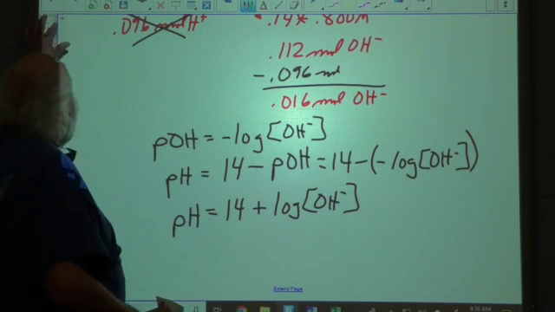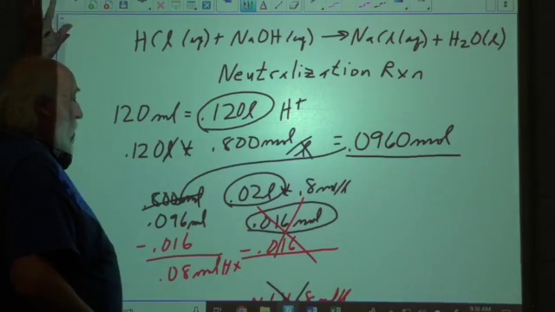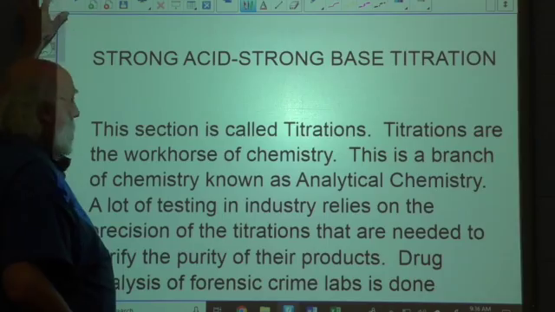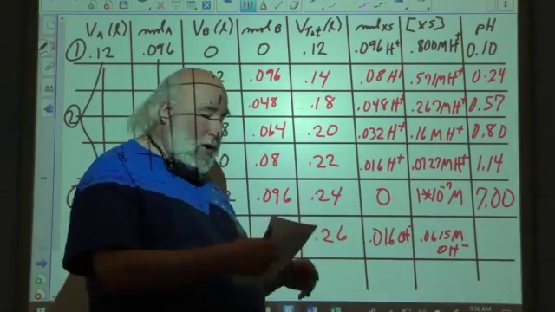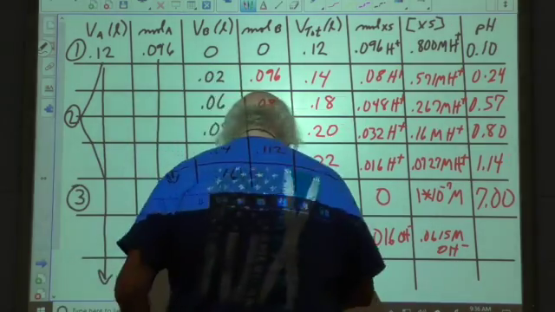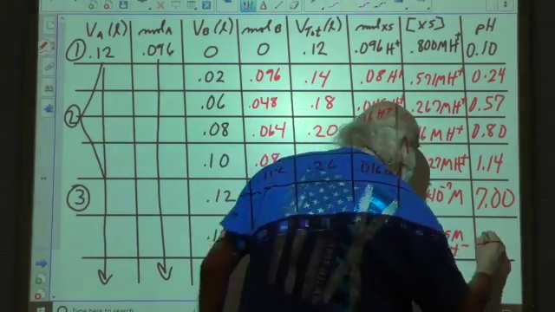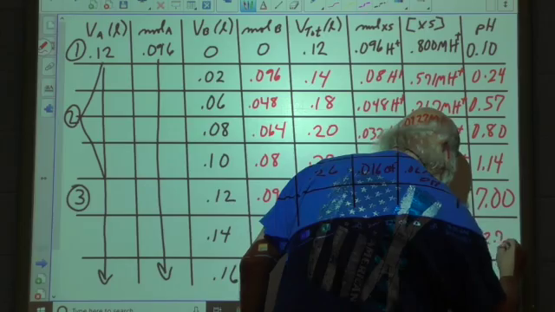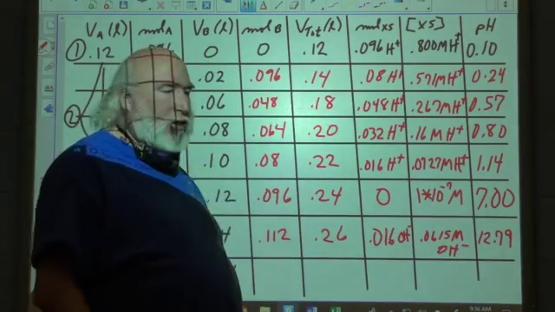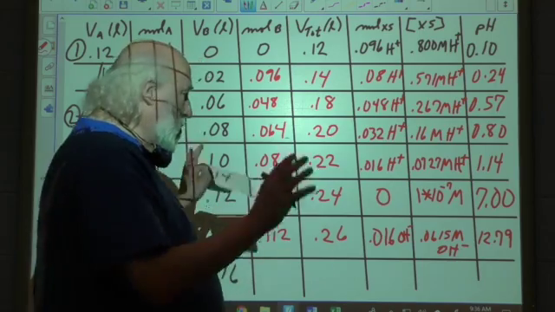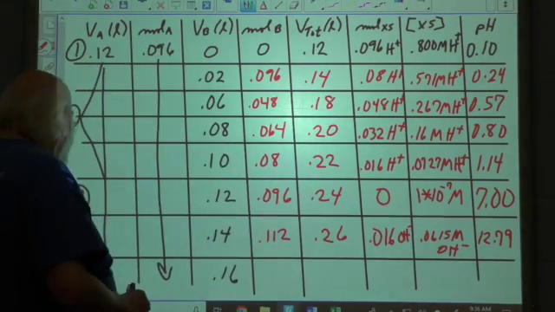So what we're going to do in order to find the pH is we're going to take 14 plus the log of that number right there, and that turns out to be 12.79. Again, I don't look at sig figs for pHs, I look at 2 decimal places. So just leave it as 12.79.